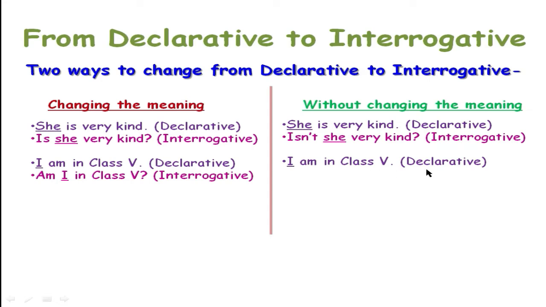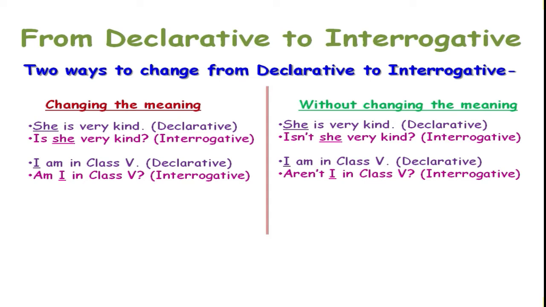Now change this sentence into interrogative sentence. It will be, aren't I in class 5? Now you must be thinking why ma'am has not written am not in class 5. Children, we don't have contracted form of am not. Fine. That's why we will write aren't I in the sentence.